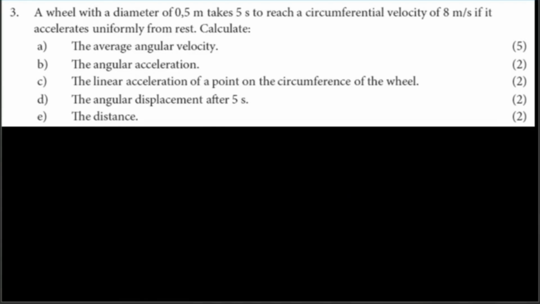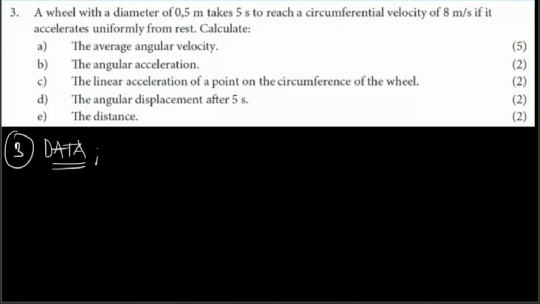Let's look at another question. This is another typical exam question. It's 13 marks. The question says that a wheel with a diameter... I'm just going to extract the data here.